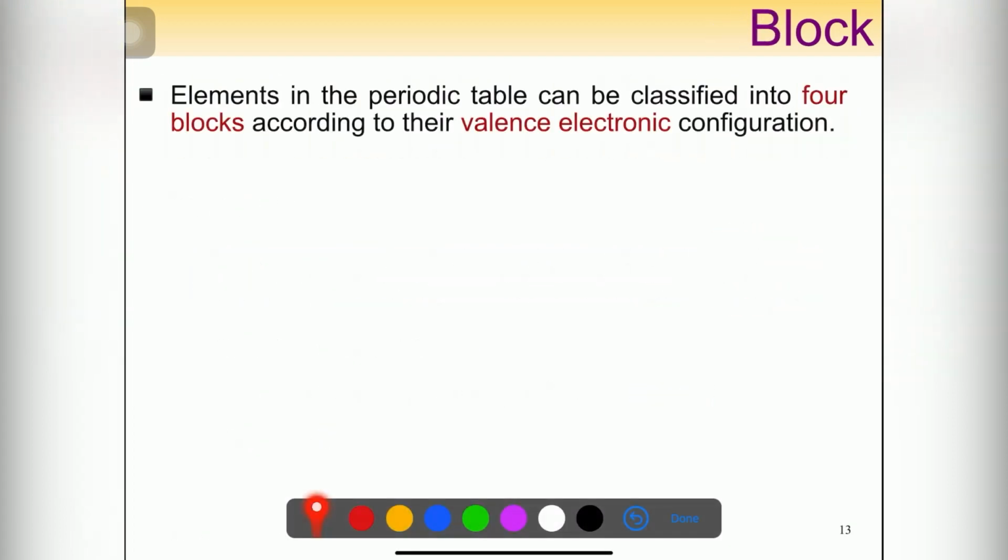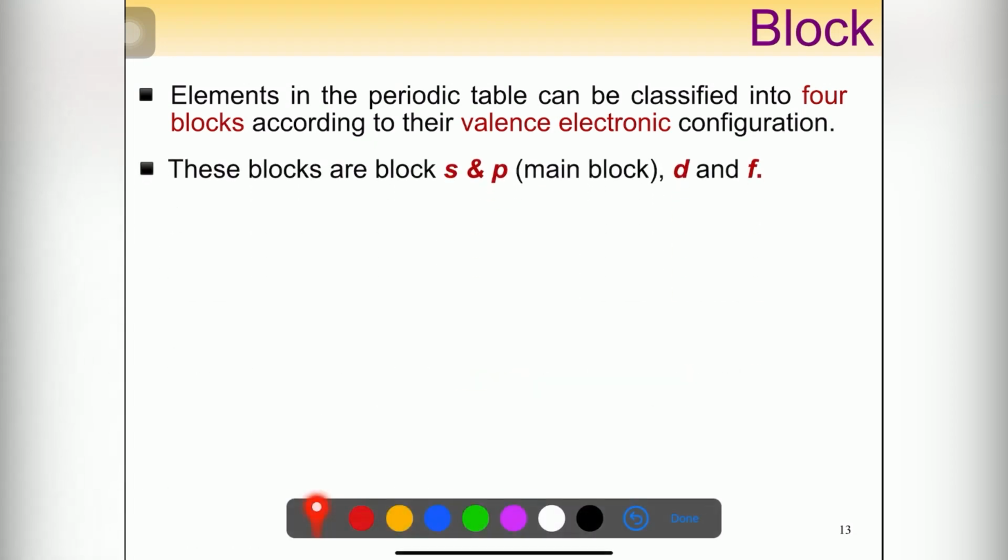Let's see the blocks. Elements in the periodic table can be classified into 4 blocks according to their valence electronic configurations. These blocks are block s and p, and these 2 blocks are the main block elements, and also block d and f.